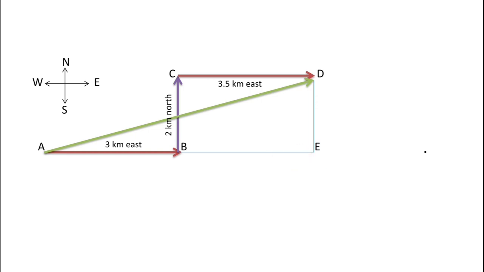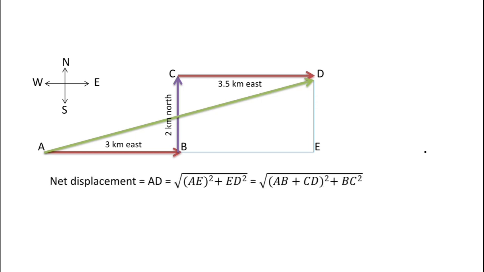So net displacement, which is equal to AD, can be written as square root of AE square, that is base square, plus perpendicular square, that is ED square. Again it can be written as (AB plus CD) whole square plus BC square within the square root.